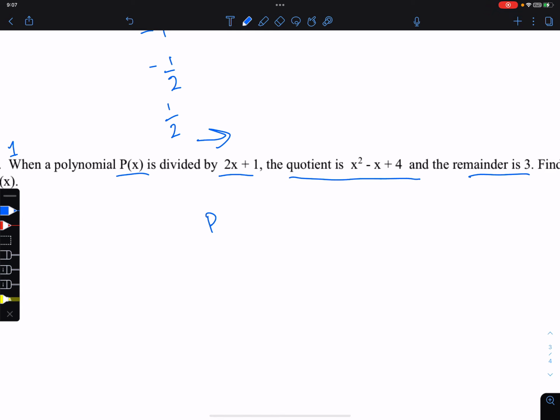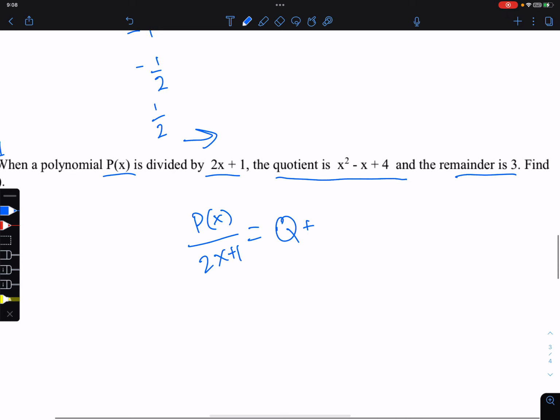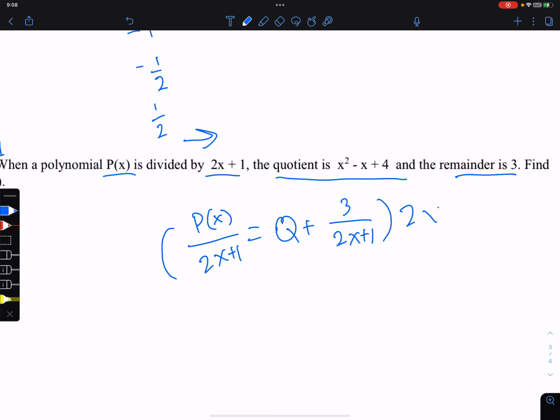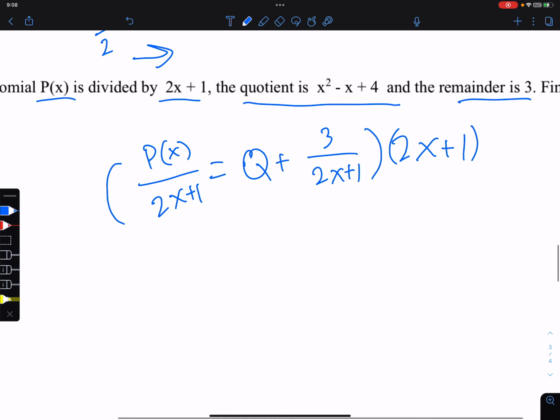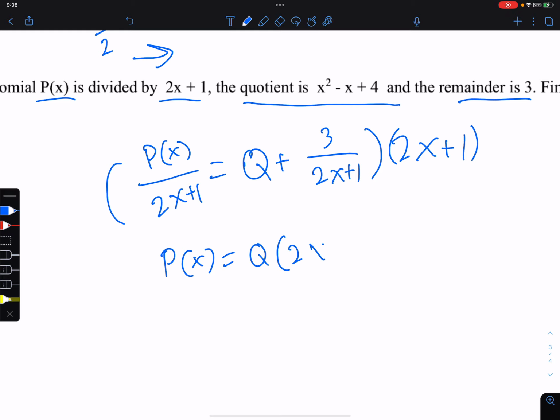So p of x over 2x plus 1 is equal to our quotient and a remainder, so 3 over 2x plus 1. What we do is multiply both sides by 2x plus 1, and so we get p of x is equal to q, our quotient, times 2x plus 1 plus 3.